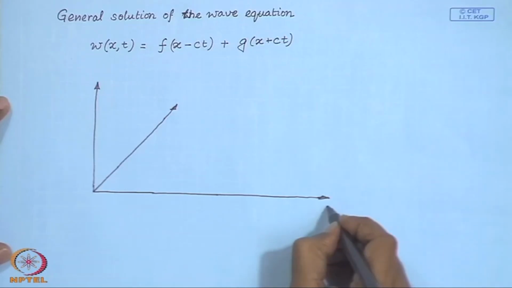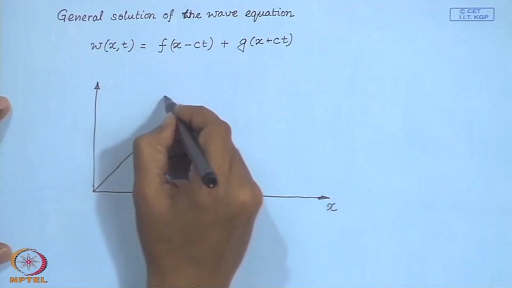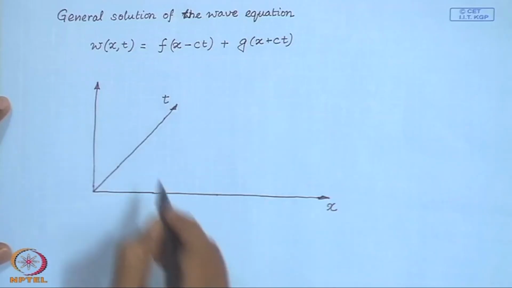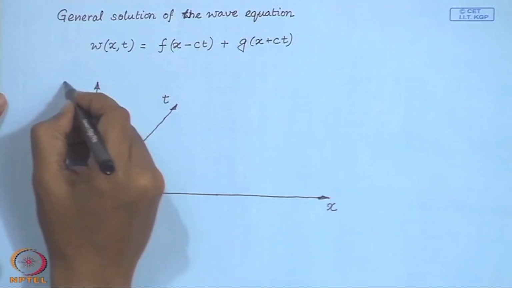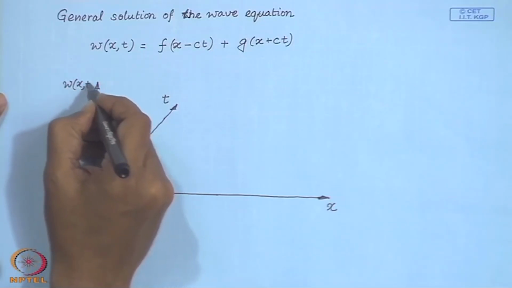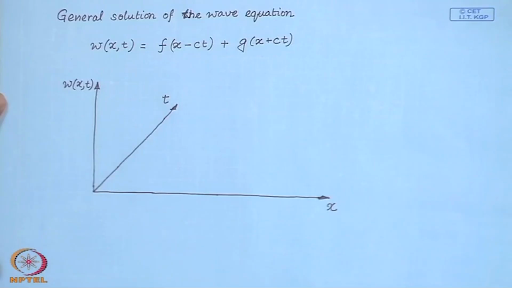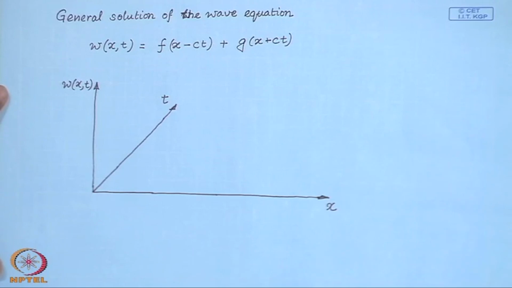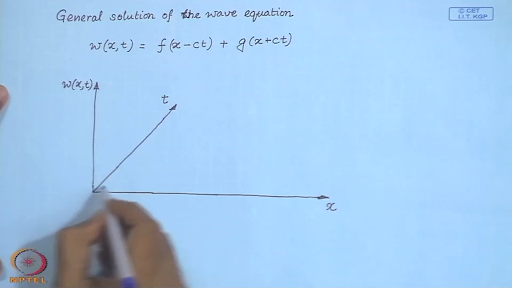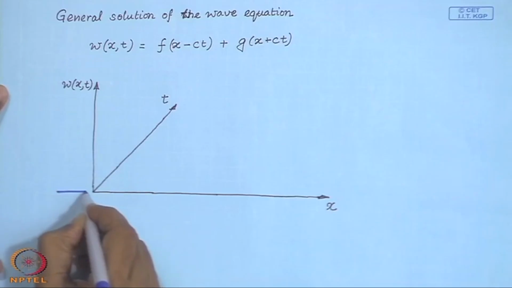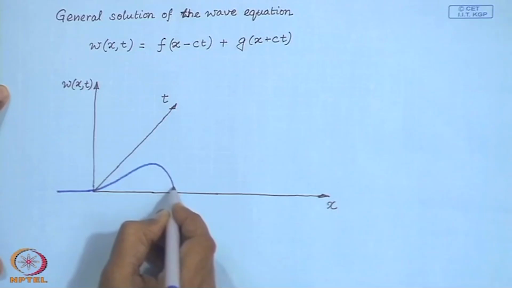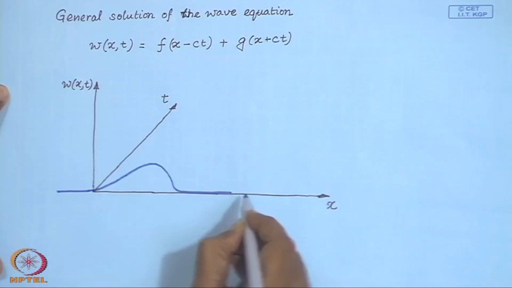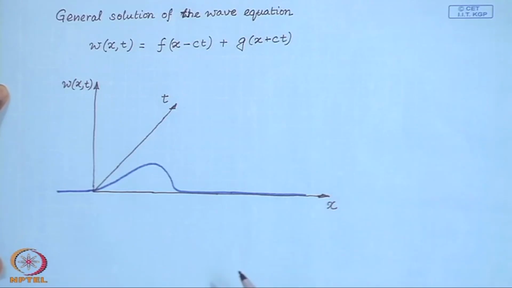So, this represents x, this represents time t, and this is the displacement or the field variable. Now, at time t equal to 0, we have this solution.